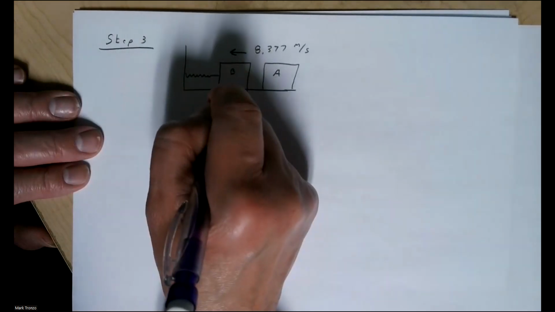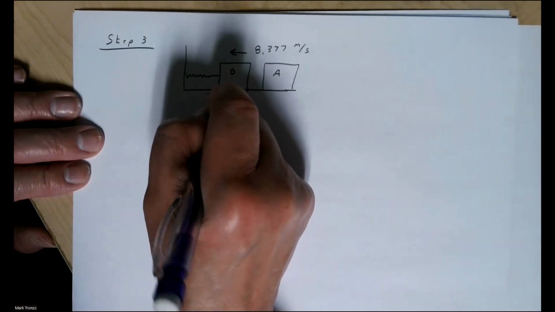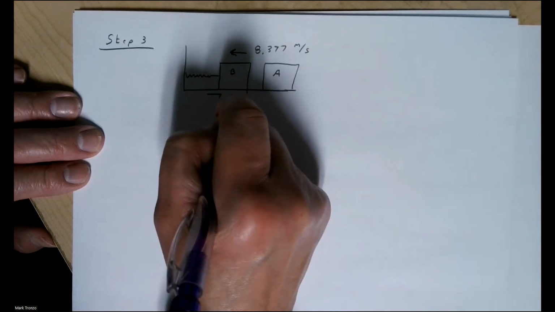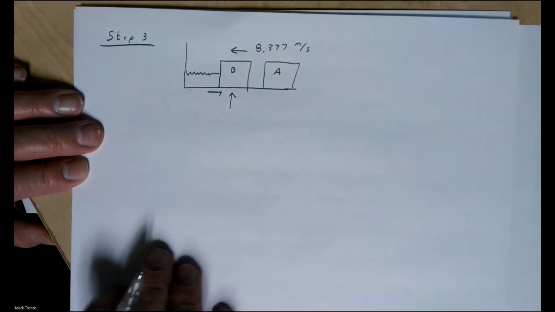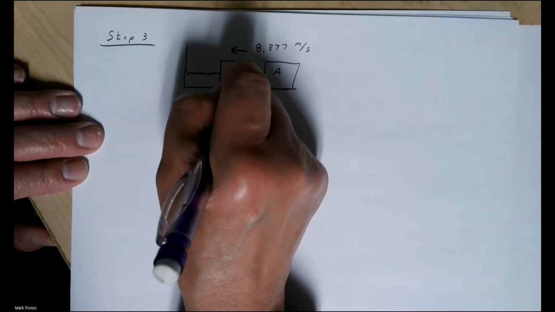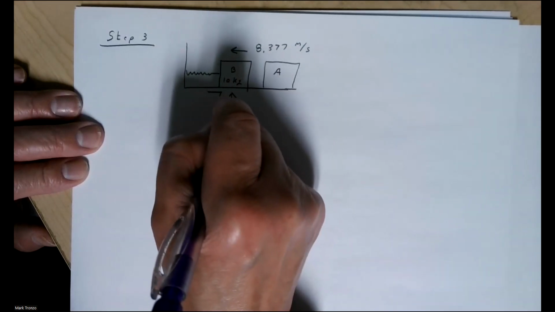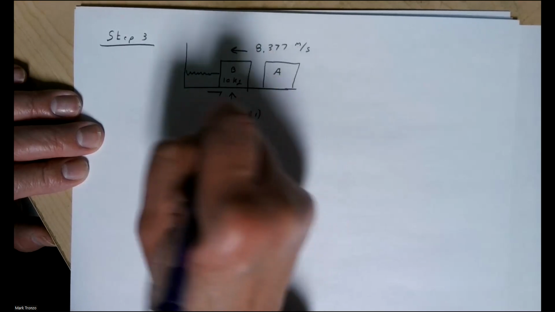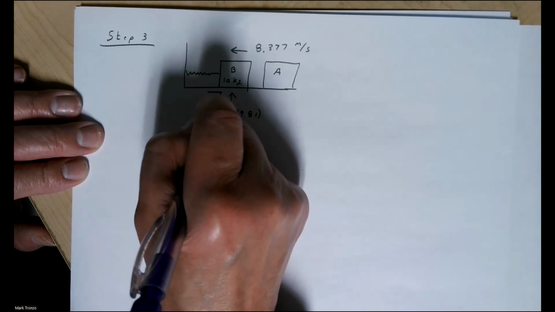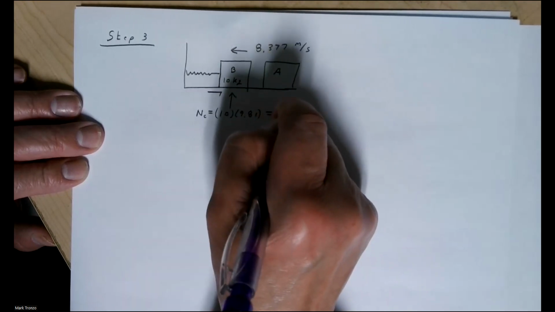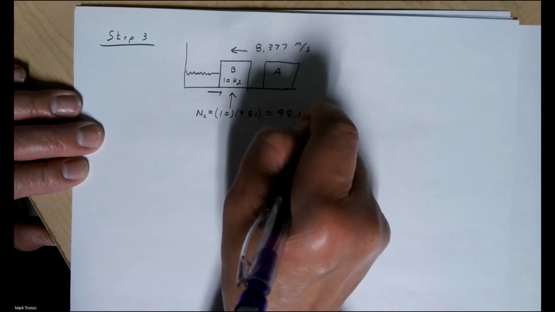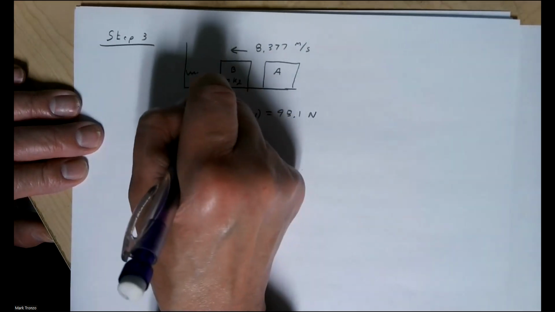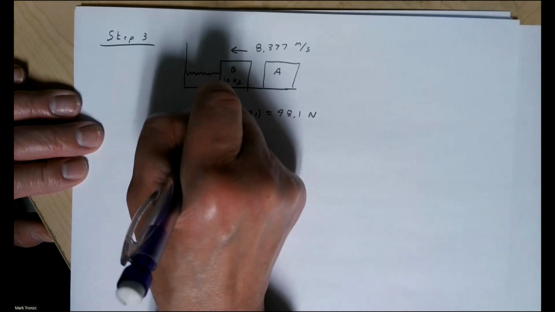And so now, this time, again, there's going to be friction under B. Again, remember, B was 10 kilograms. So it's going to have a normal that is going to be 98.1 newtons. And again, there's friction over here.